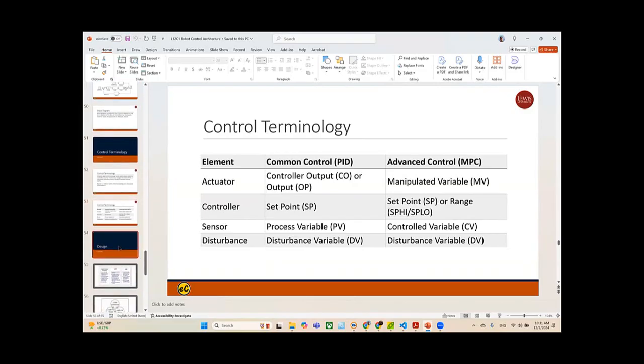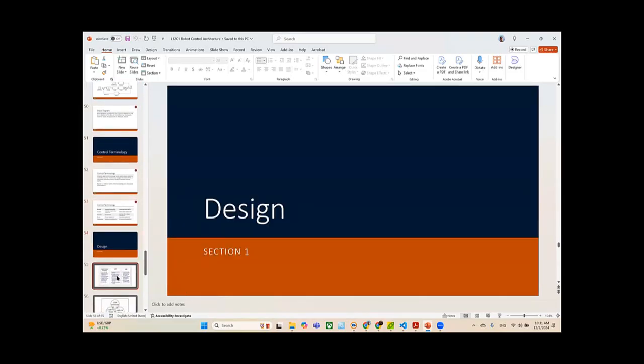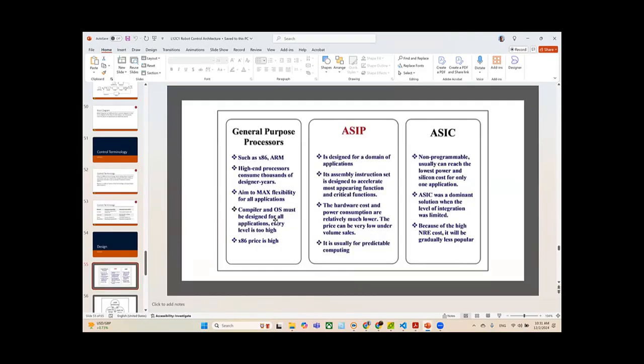We call it design. In the design part, you go through the choice of a general purpose processor like a CPU, or an ASIC, an application specific processor, or application specific IC design.